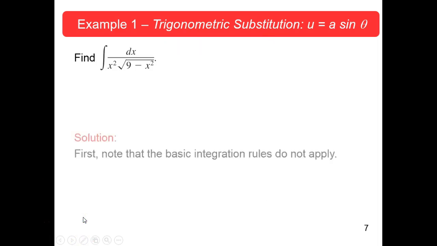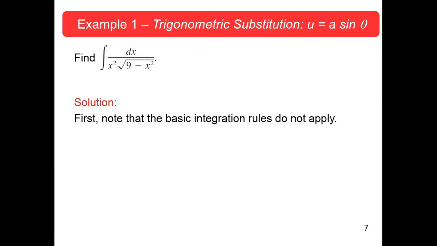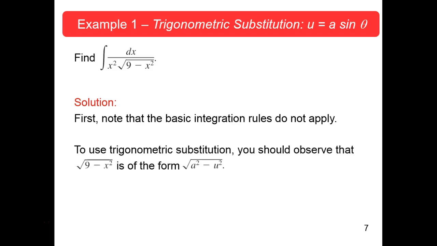So let's see how they did it. First, note that the basic integration rules do not apply. In other words, you don't have an x in your numerator to go with the dx, so you can't do a normal u substitution, let u equal 9 minus x squared or something like that. Just don't have it, okay?